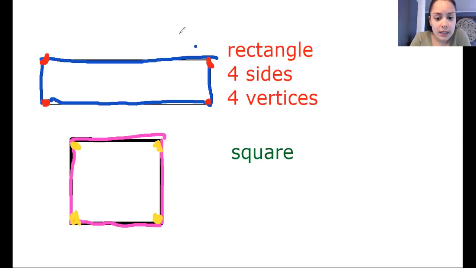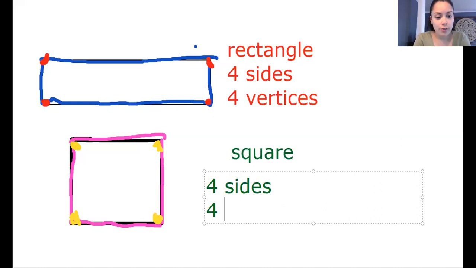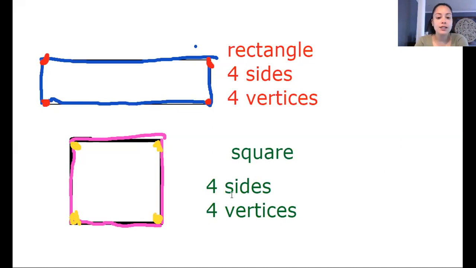Let me go back to my text and write that in. Okay, we'll just do it right here. It has 4 sides and 4 vertices. So a square has 4 sides and 4 vertices, just like a rectangle.